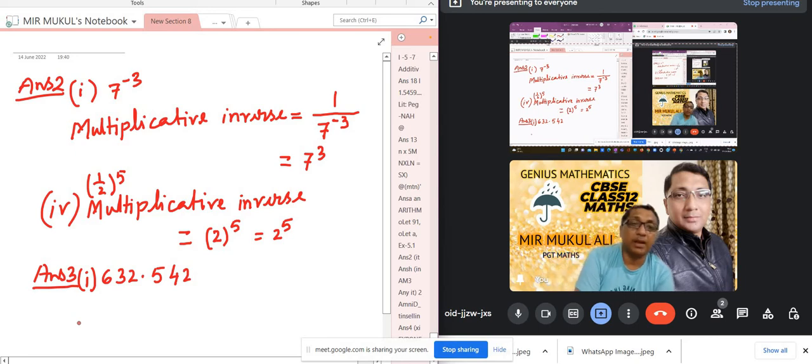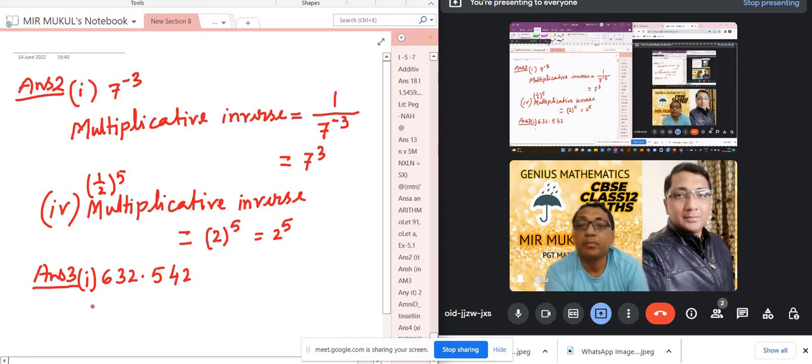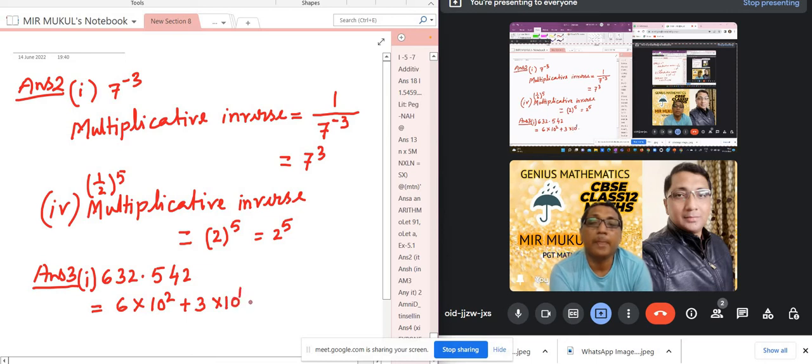Expanded form. In expanded form, if you want to write, then 6 into 100. 100 means 10 to the power 2, plus 3 into 10. 10 means 10 to the power 1, plus 2 into 1, 1 means 10 to the power 0, plus. Now after the decimal, the power of 10 will be negative.